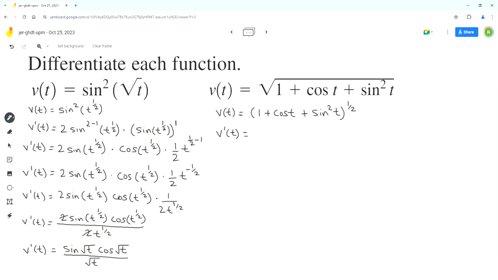So as per the chain rule, we'll start with the derivative of the outer function, which is the exponent half. So we'll use the power rule for that. So we'll move the half to the front.